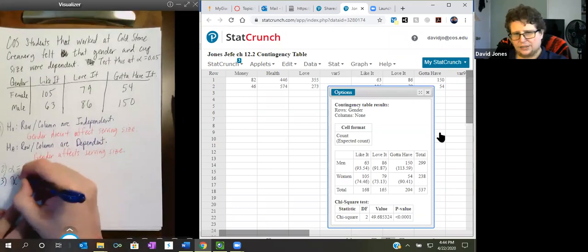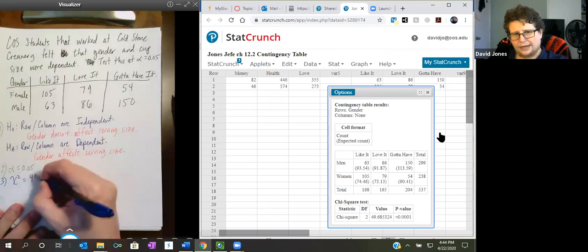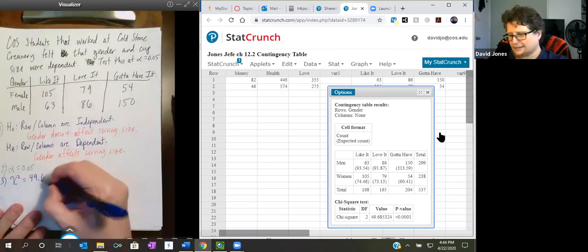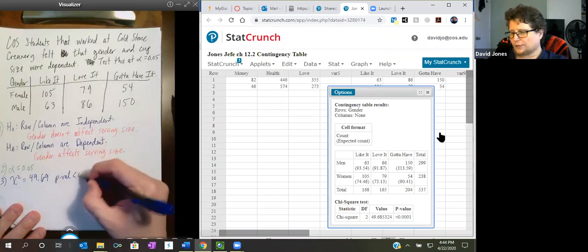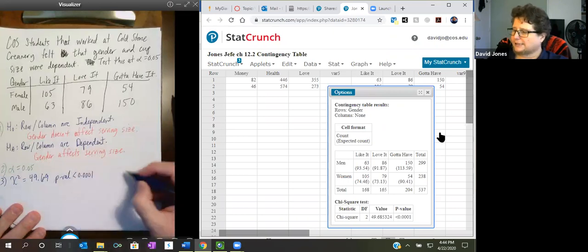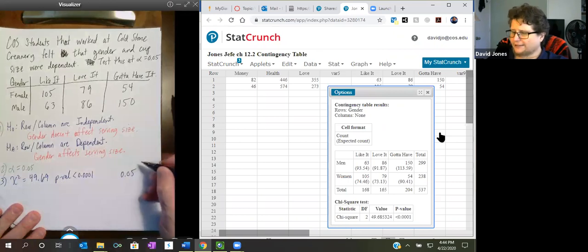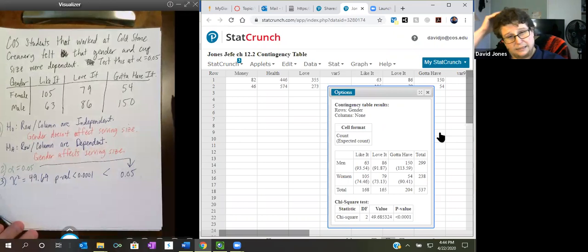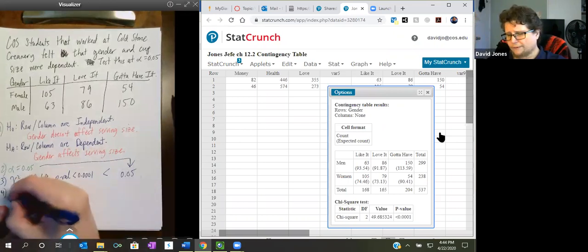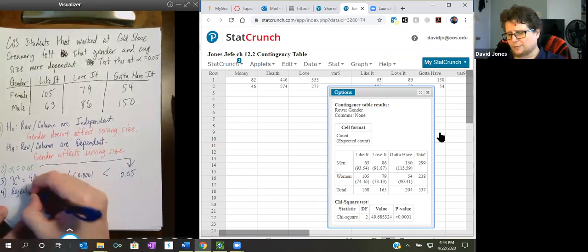We see chi-square is 49.69. The p-value is less than 0.0001. How does that compare to alpha? It's less than it. So we reject H0, support HA.